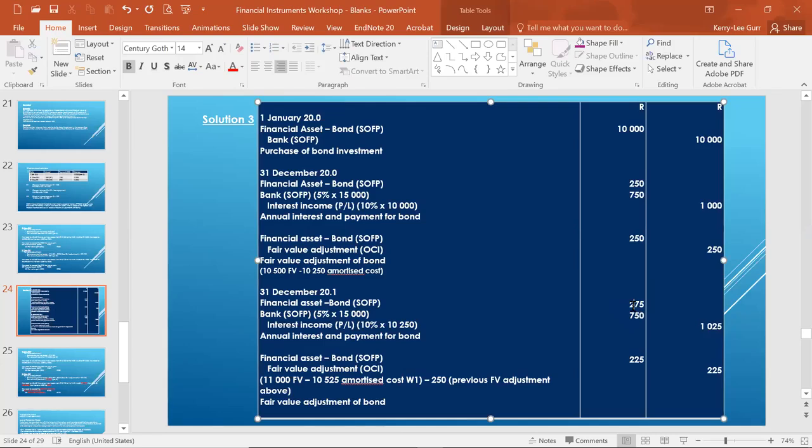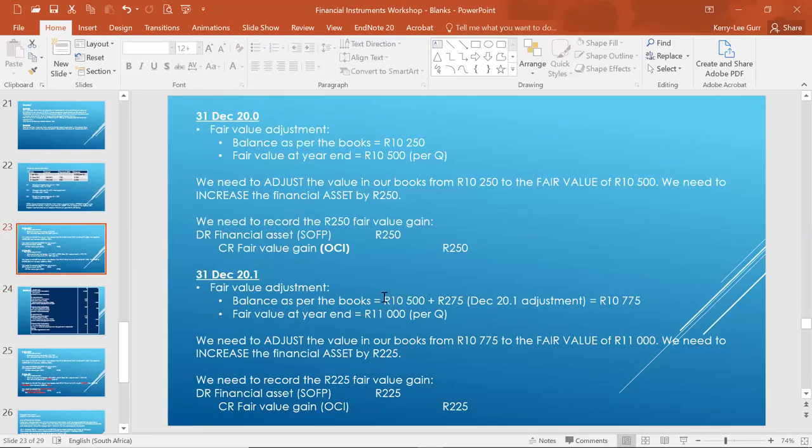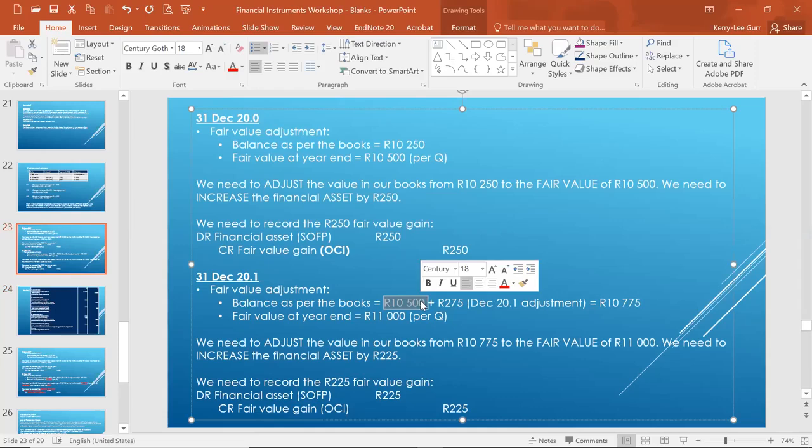So if we want to determine what is the updated balance of this financial asset in our books, remember at the end of 20.0, we updated it to 10,500. And now we've just processed a journal for 275 to increase the value of the financial asset. We then added an additional 275 being our December 20.1 adjustment for the receipt as well as for the interest income.